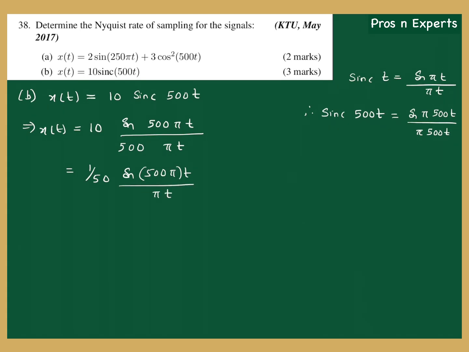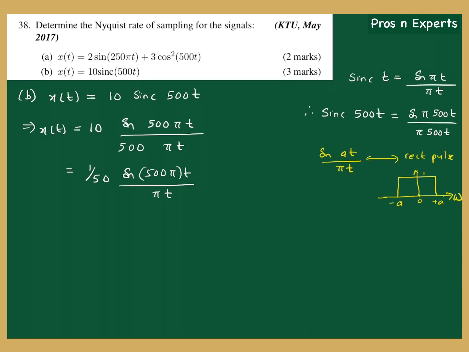Now you have to remember one important relation. If sine at by pi t is your time domain signal, then its Fourier transform will be a rectangular pulse which starts from minus a to plus a in the omega domain, with magnitude 1.